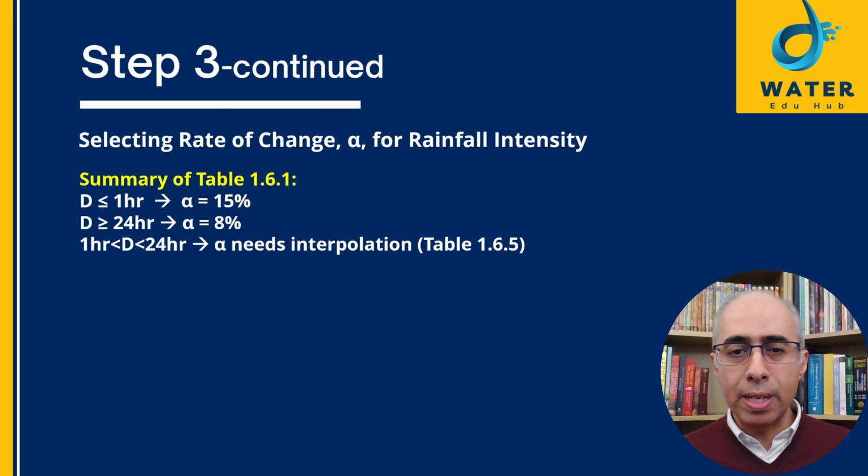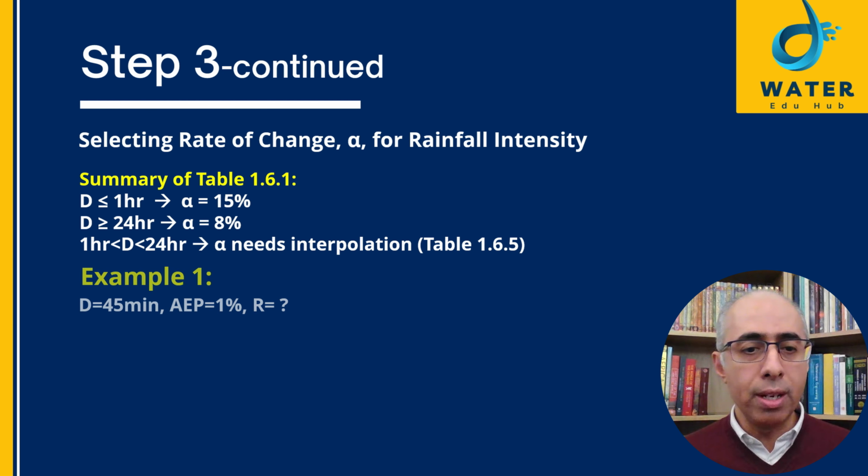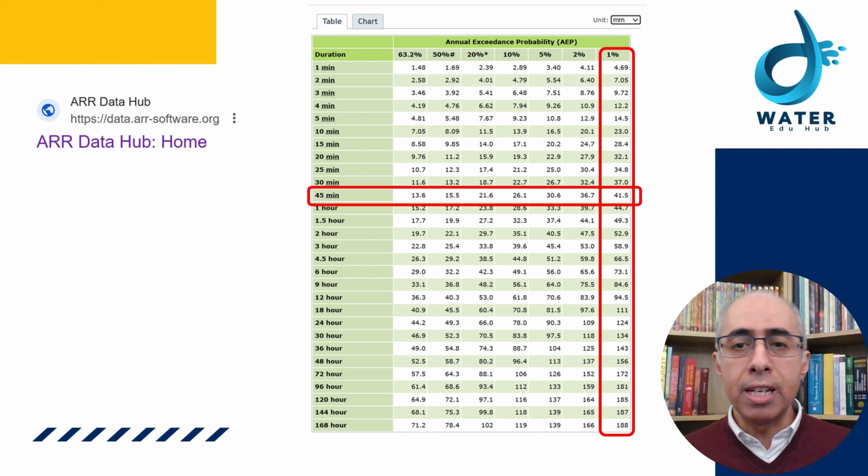So let's have some examples. Our summary: 15% for short duration, 8% for long durations, and interpolation for anything in between. Let's have an example of 45-minute duration on the AEP 1%. I refer to my IFD table for 1% and 45 minutes. I get 41.5 mm depth of rain.